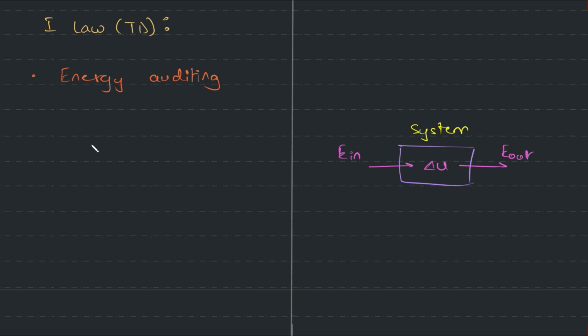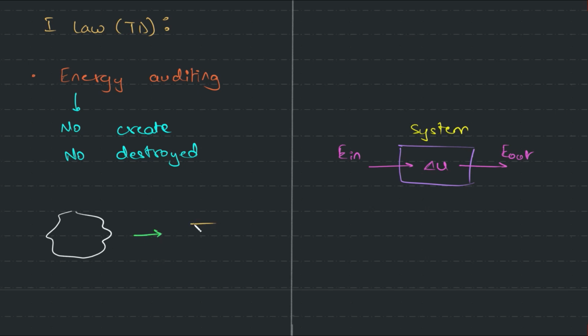As an obvious thing, it states that you cannot create energy. Energy cannot be created, nor can it be destroyed. It can be converted from one form to something else. So that's what the law states. And in terms of formulas and ideas, given a system, I can figure out the internal energy of the system by looking into E in and E out.